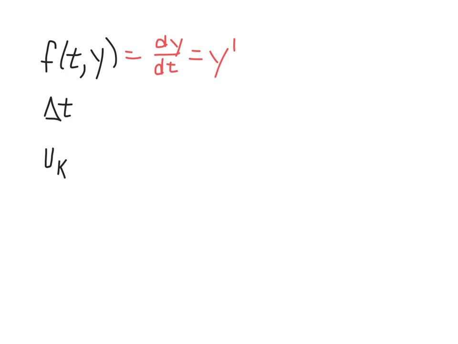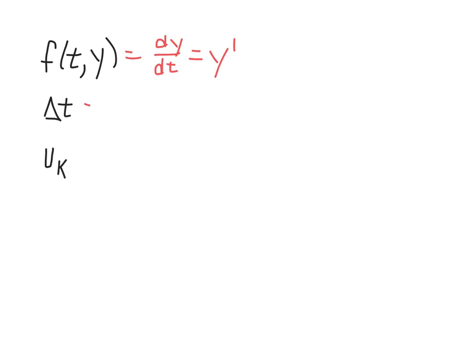And hopefully you got this from the slope field videos from before: really this is just slope. So f of t comma y is just slope at a specific point, t for time and y for an unknown function. And so that's what we're going to call that.